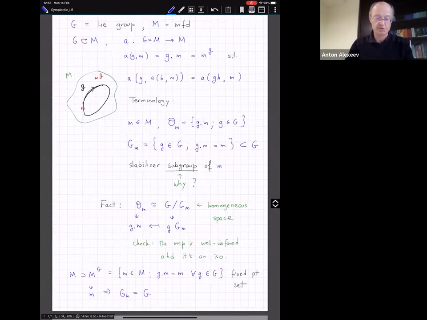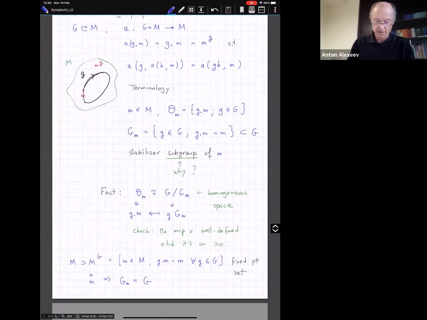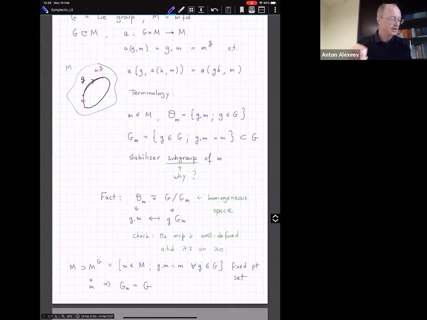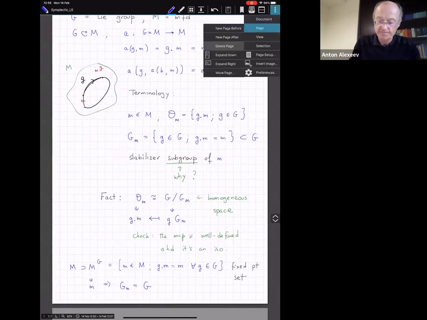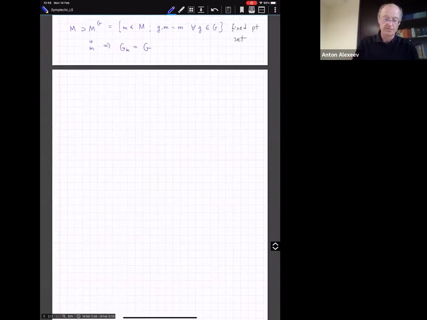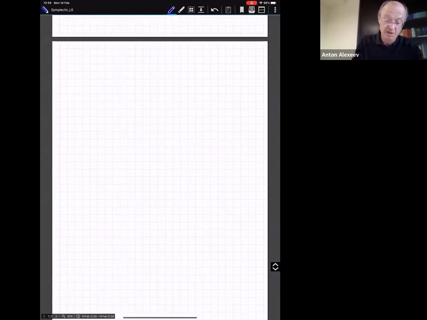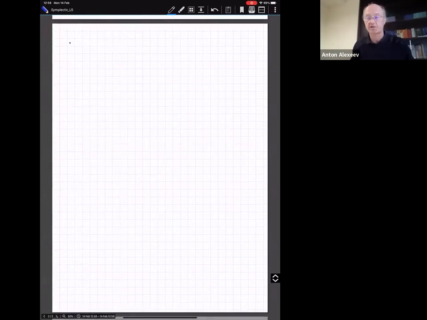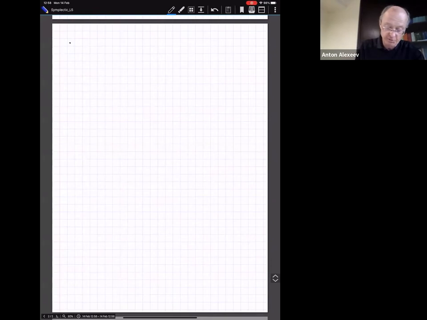Okay, so that's so much about the terminology. Now, for some time, and actually as our main examples today, we're not going to look at very complicated actions. We're going to look at very simple actions. And again, probably you know already from other courses much about it.